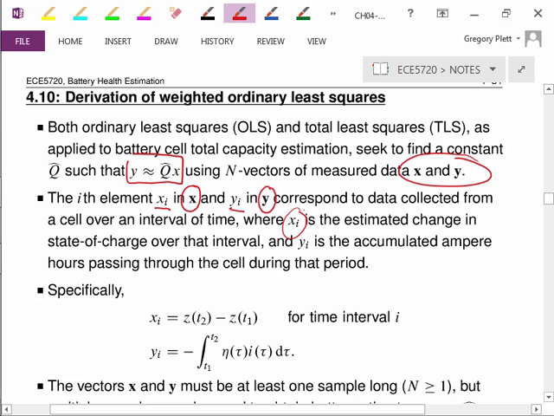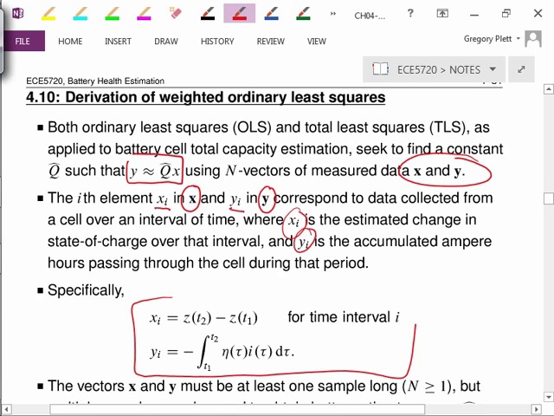That delta could be negative or positive. And y sub i is the accumulated ampere hours that pass through the cell during that same period of time. And those two, if there's no noise, should fit a relationship that y is equal to q hat times x.